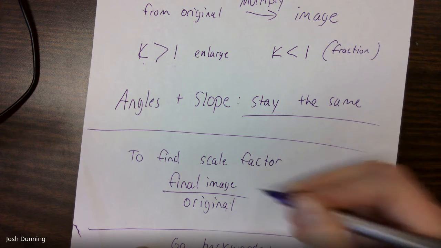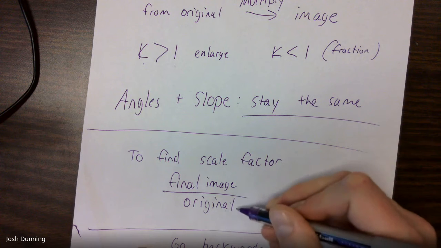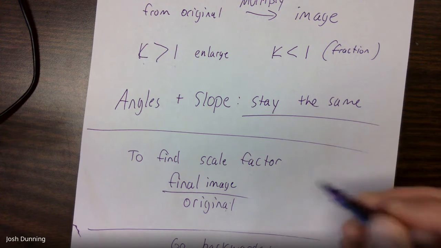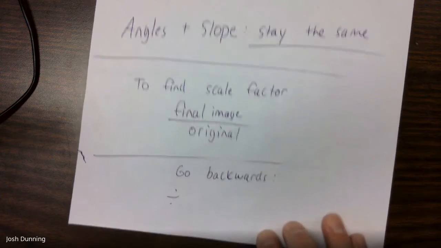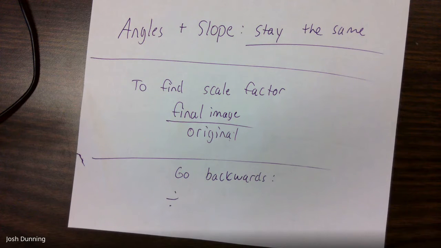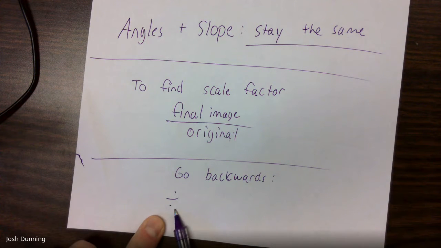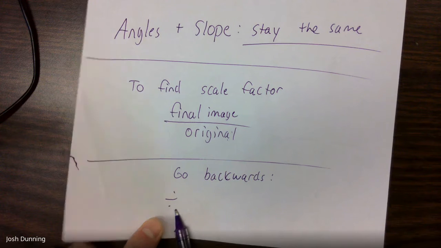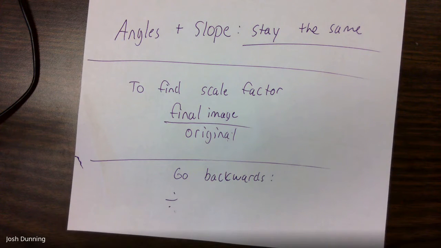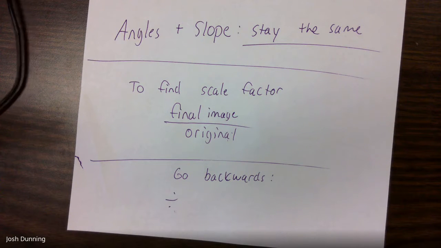So it's how big it ends up over what it started out as. Then, if they give you the image and they want you to go backwards to find the original, you'll divide by the scale factor instead. And these are pretty easy, really.